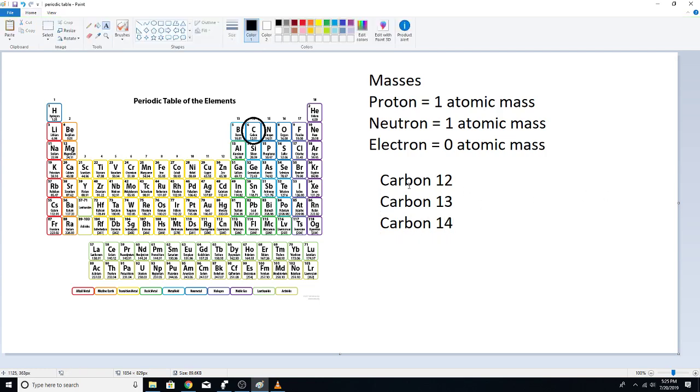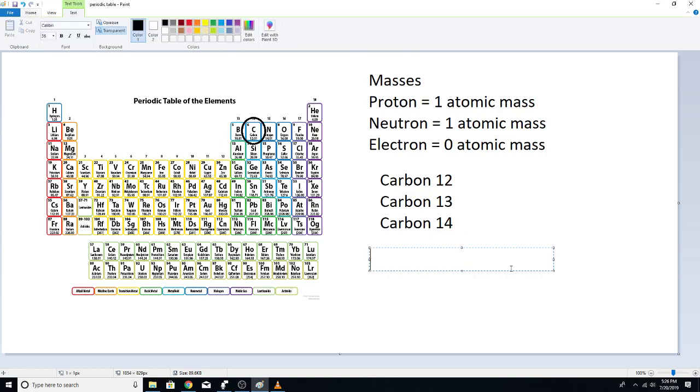As you can guess from that, carbon 12 has a mass of 12, carbon 13 has a mass of 13, and carbon 14 has a mass of 14. So where does this additional 1 come from?